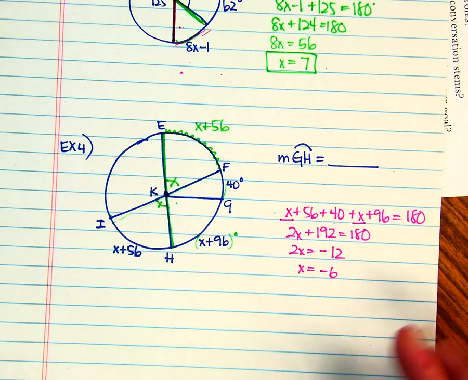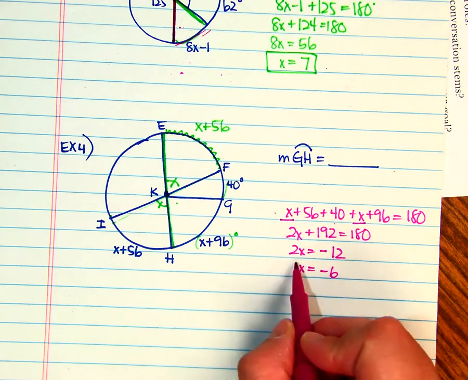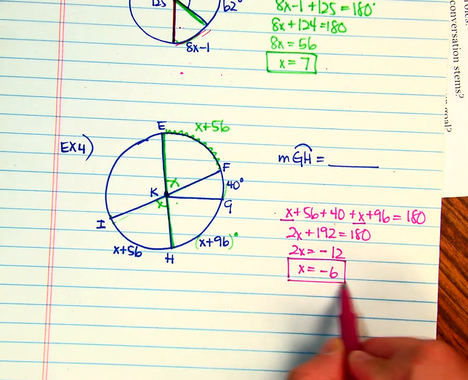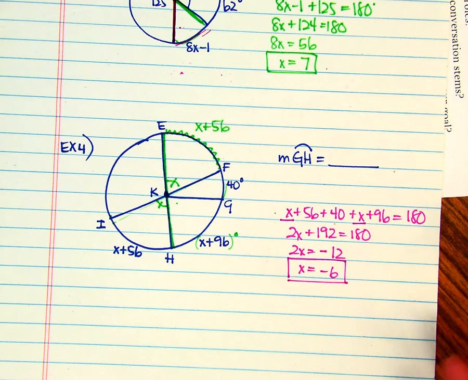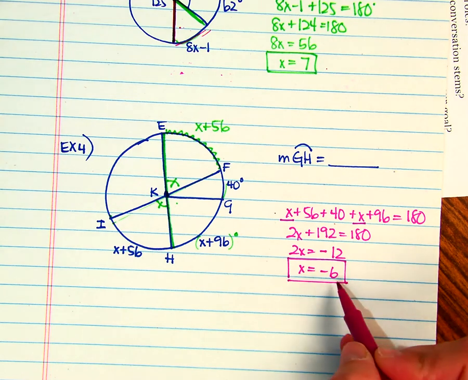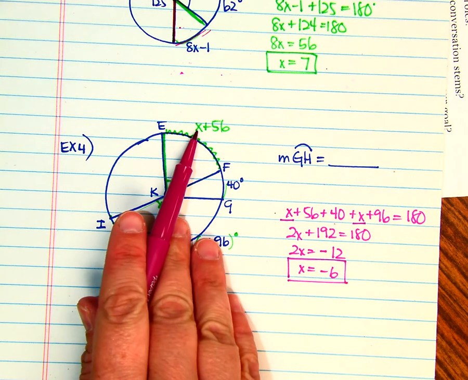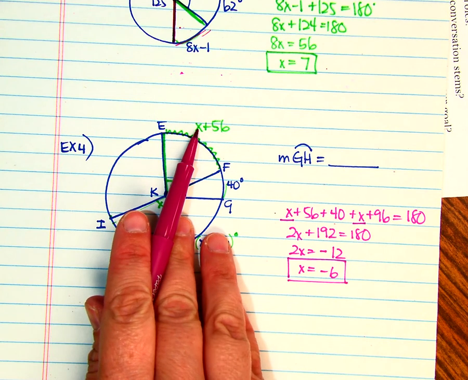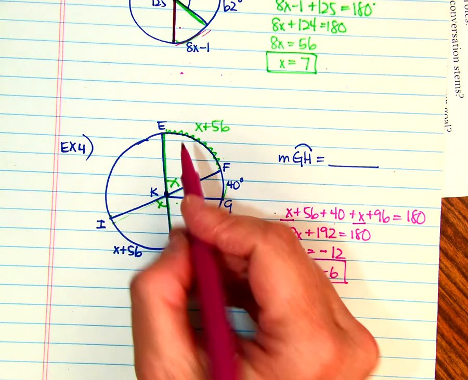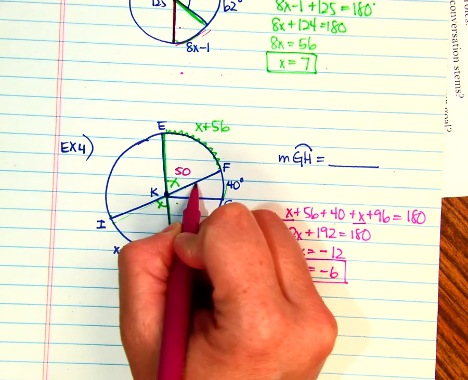Now, at first glance, I'm thinking, well, x can't be negative. But remember, x is not representing an angle measure or an arc measure here. X is just a variable. So if I put it in for this, negative 6 plus the 56 means that this is going to give me a positive 50.